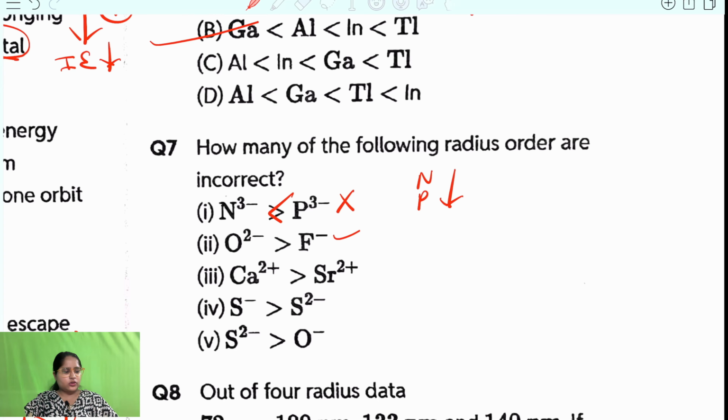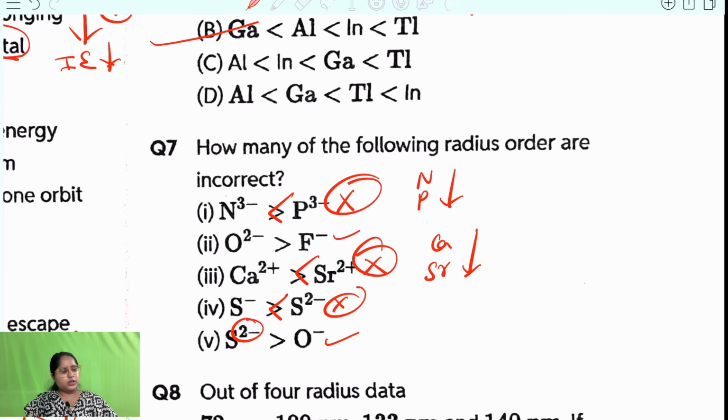Ca2 plus and strontium, down the group it increases. Strontium should be more, wrong. S minus 2 and sulfur, it is also wrong, since minus 2 means more charge, more radius. So, how many wrong? 1, 2, 3. So, answer should be 3 are incorrect.